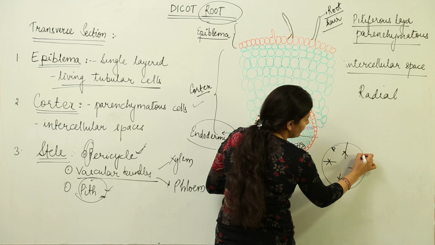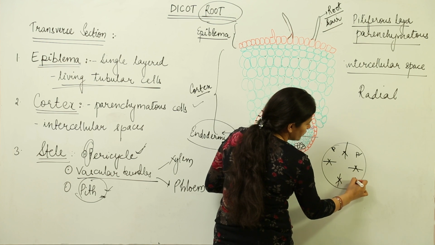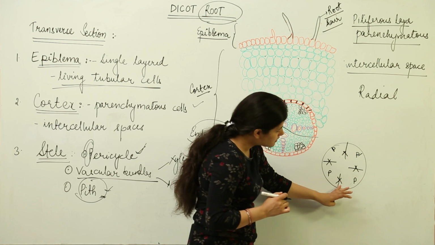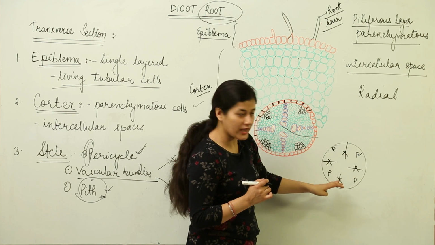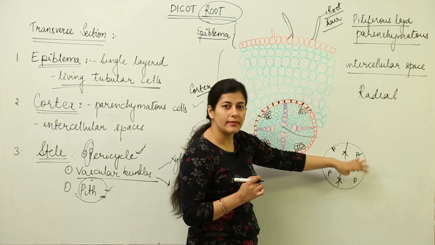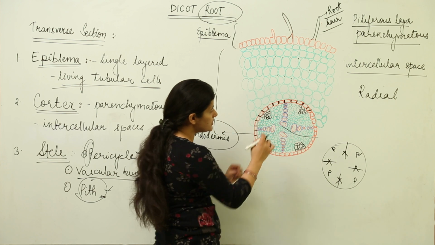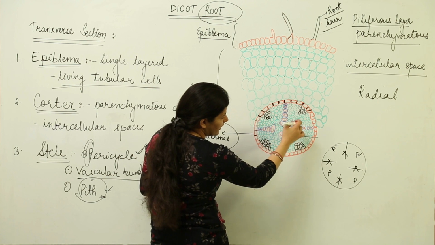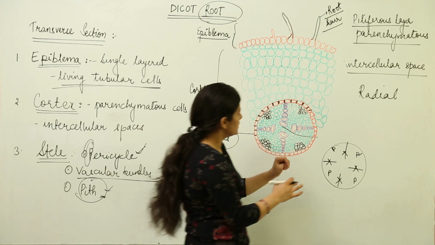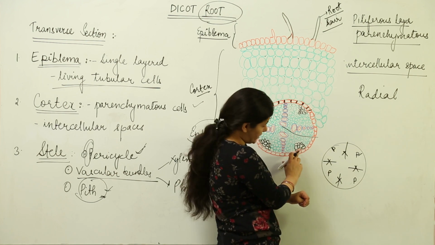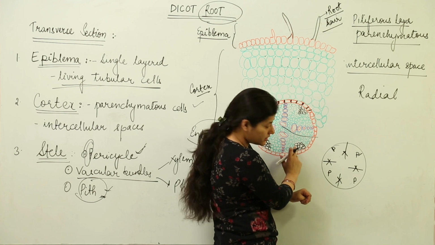Now this is xylem, this is phloem. Over here you are going to find phloem. So you see xylem is on a different radius, phloem is on a different radius. Here also the same thing has taken place. Xylem and phloem are on different radii. The blue representation is of xylem, and the black part that I have made over here is phloem.